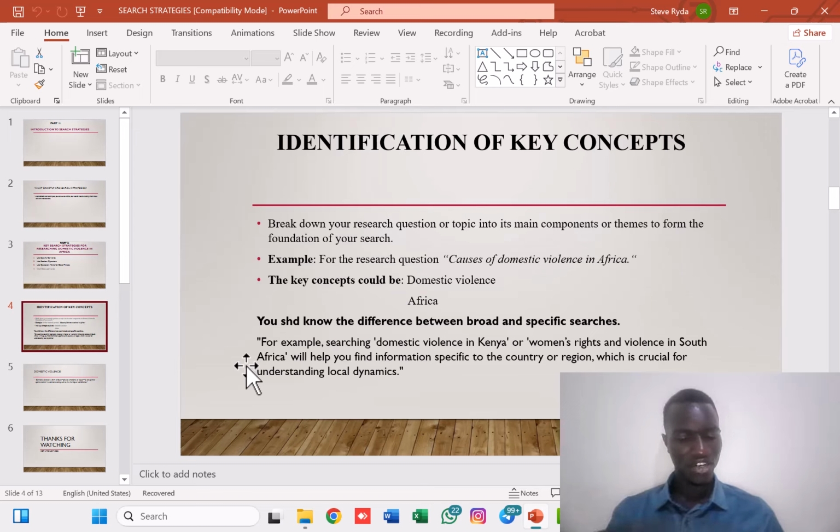Generally, you can't take domestic violence as one African community. After getting the specific searches, that's when we make it broad: broadly in Africa, we have certain countries that are carrying out domestic violence.